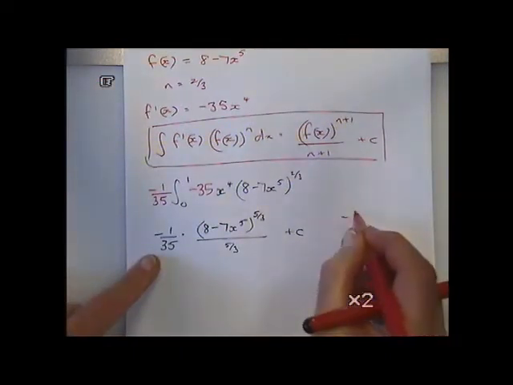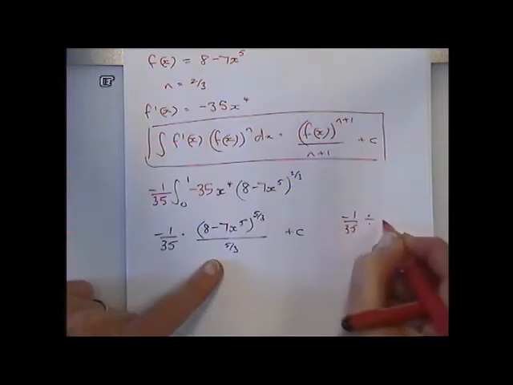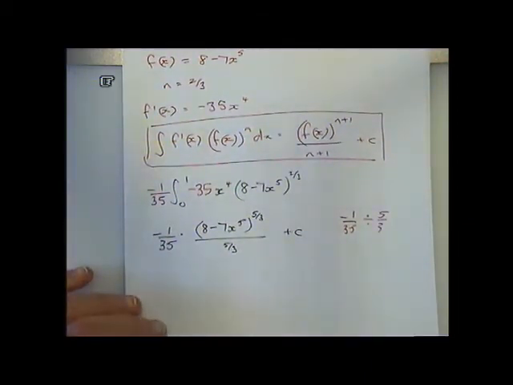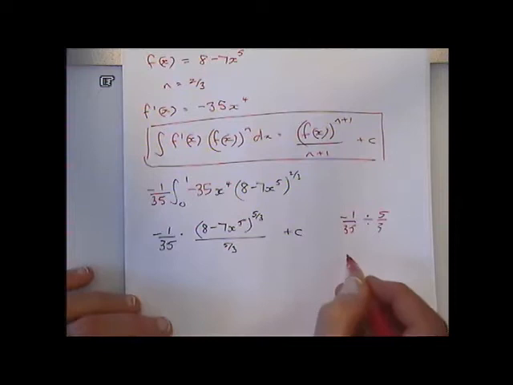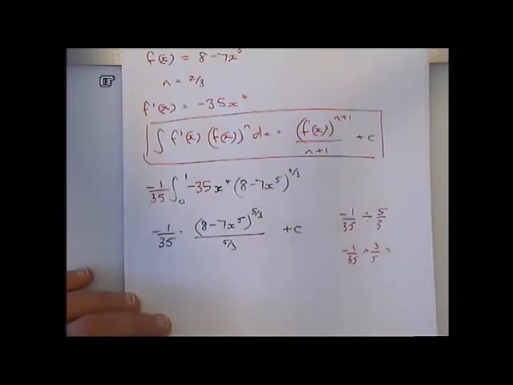So I've got at the front minus 1 over 35, and I'm dividing that effectively by 5/3. What do you do when you're dividing with fractions? Flip it and change, flip, as some people say. Keep that one, change it to a times, and flip that one upside down.